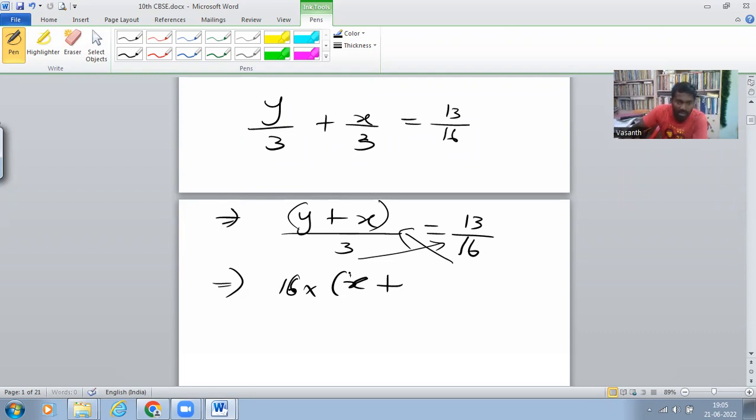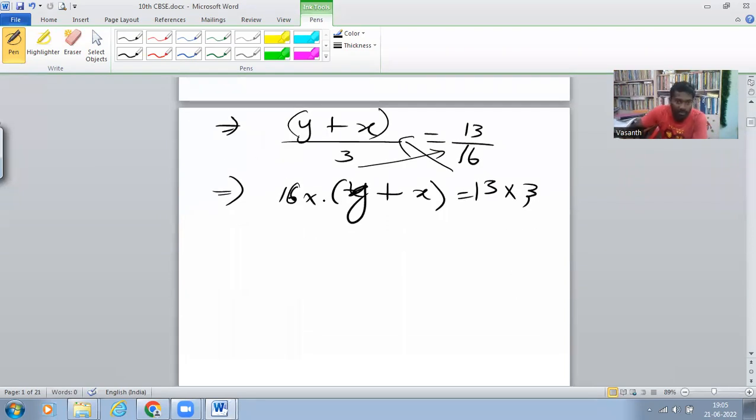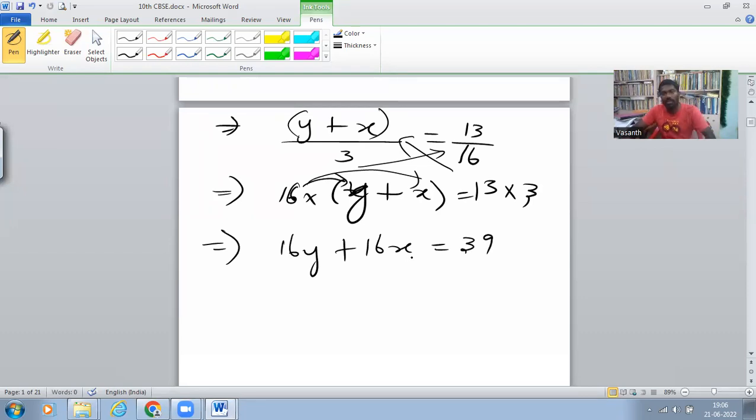Y plus x is equal to 3 taken to the right hand side, becomes 13 into 3, or 3 into 13, both are the same. Now this 6 we have to multiply inside using the distributive property. So 6 into y is 6y plus 6 into x is 6x, which is equal to 13 into 3. What is 13 into 3? 39.